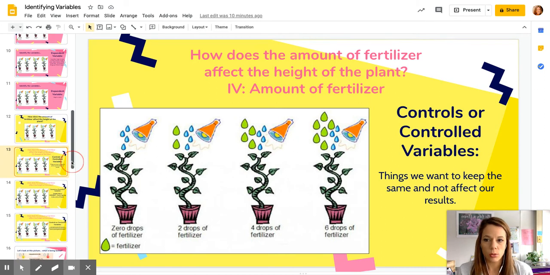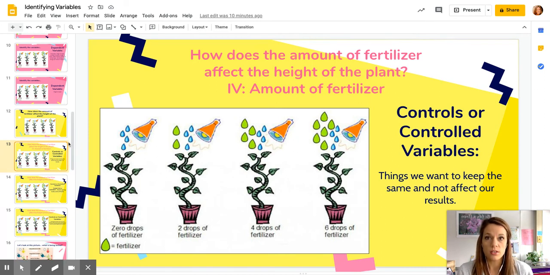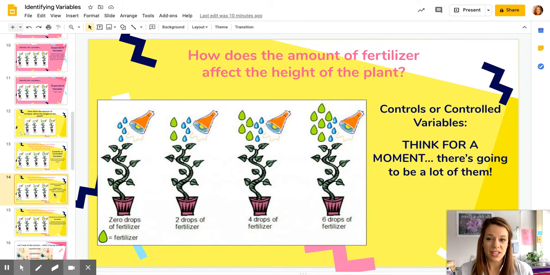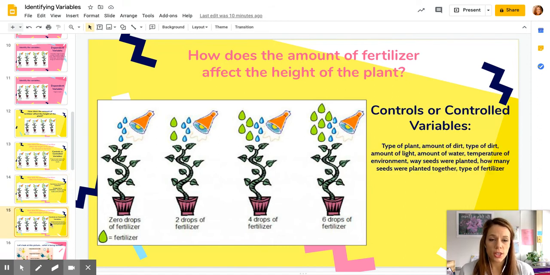We don't want them because the only thing that we want to affect how tall the plant grows is the amount of fertilizer that each plant gets. And with control variables, there's not just going to be one. There's going to be a lot of them, right? These are things that could potentially affect our results, but we do not want them to. We only want the little green amount of fertilizer to be different.